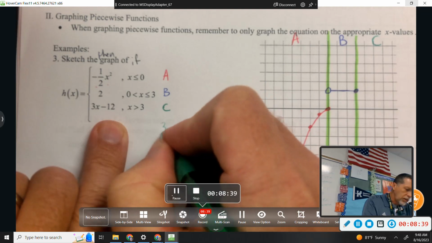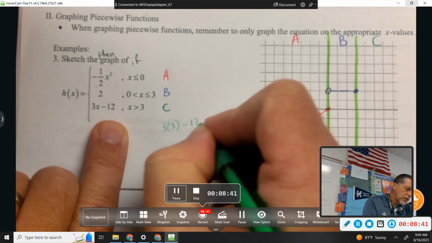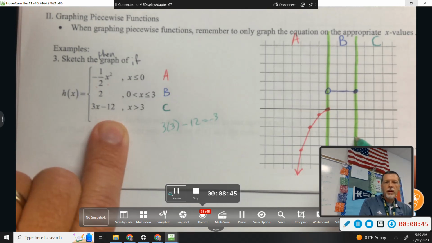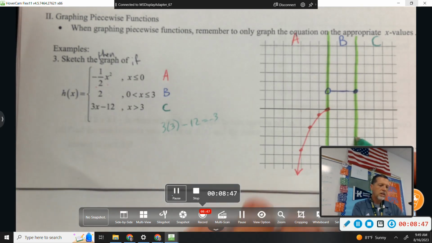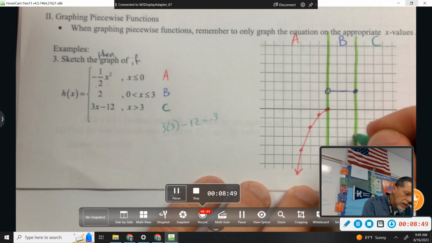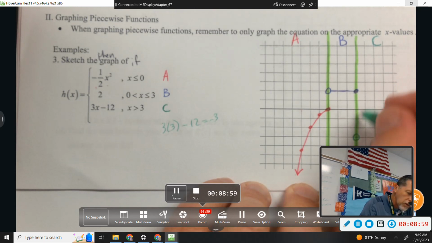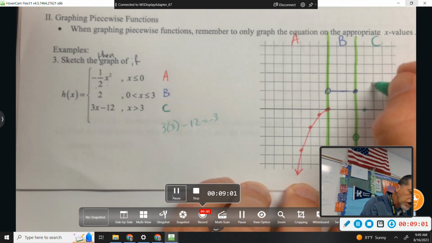Let's see, 3 times 3 is 9, minus 12 is negative 3. What about the wall situation here? Open circle. And then from there, the slope is 3, so I'll just go up 3 over 1. I'm not going to really plug in points. I know the slope is 3, so up 3 over 1, up 3 over 1, and so on.